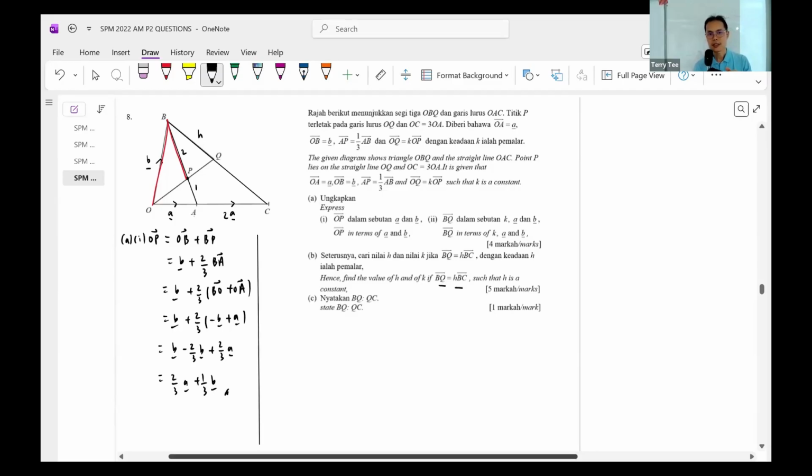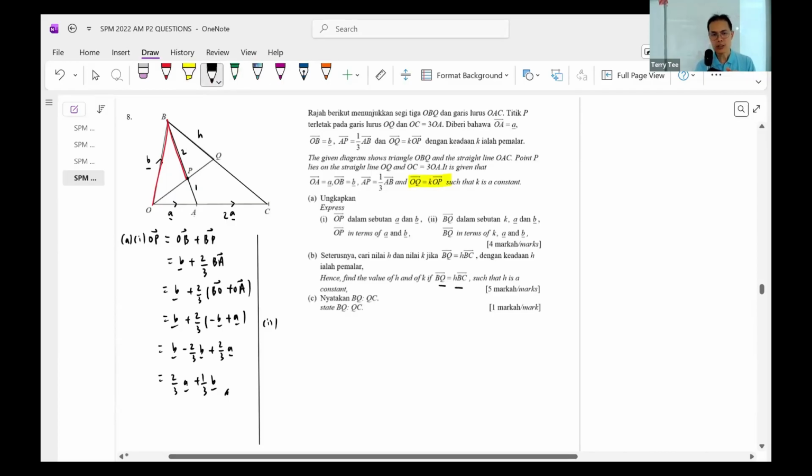Okay, this is part 1. Part 2: BQ in terms of K. BQ in terms of K. You see, they give us this information. OQ is K times OP.